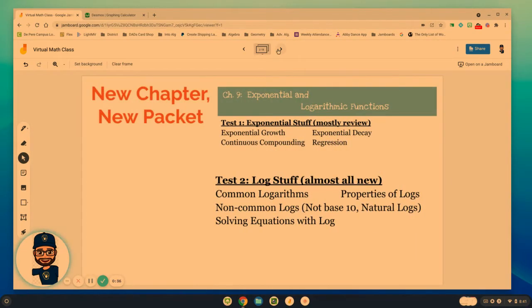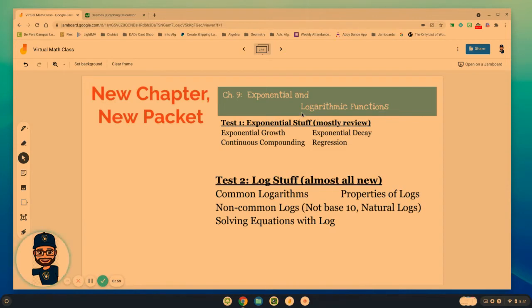We are in a new chapter, so there will be a new packet with a lot of stuff linked out there as well. Again, exponential and logarithmic functions. So test one is really going to be more of review stuff: exponential growth, exponential decay, continuous compounding or regression, things that I know we've done in algebra.